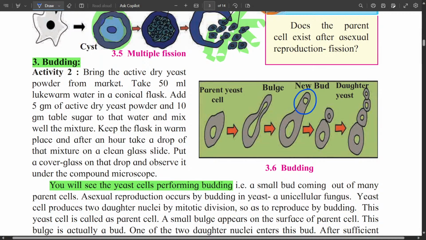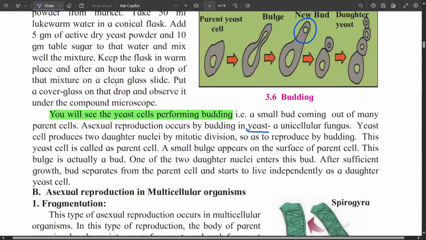Asexual reproduction occurs by budding in yeast, a unicellular fungus. The yeast cell produces two daughter nuclei, meaning after the formation of the bud, nuclear division takes place and this new nucleus enters into that bud.